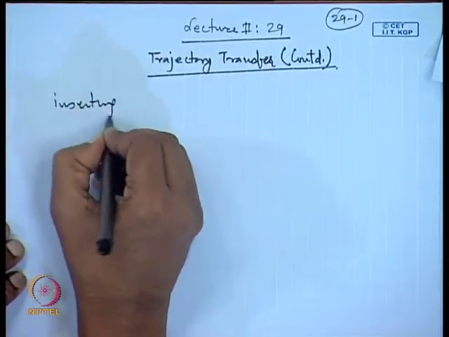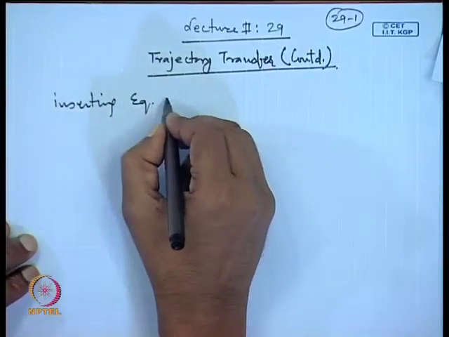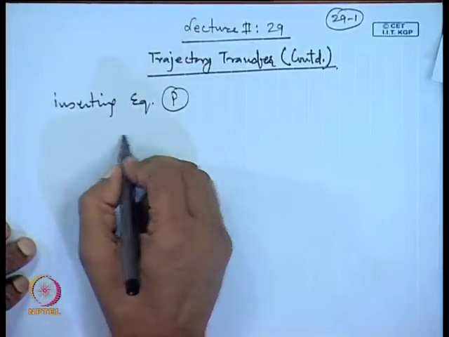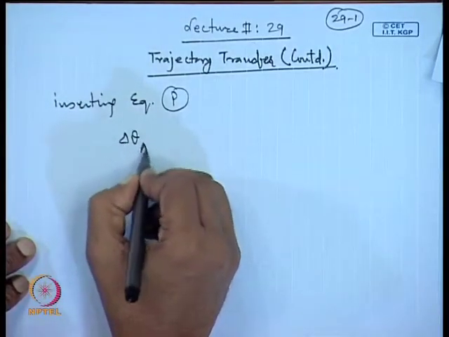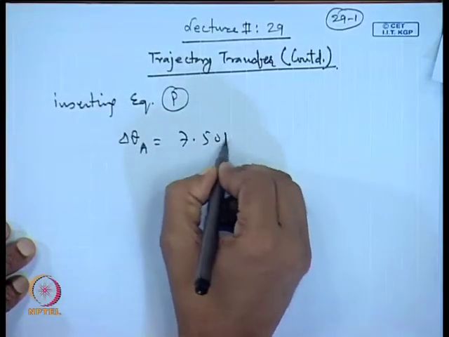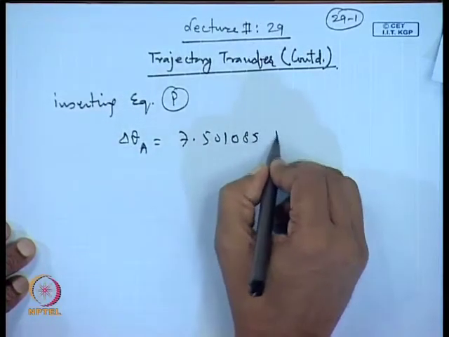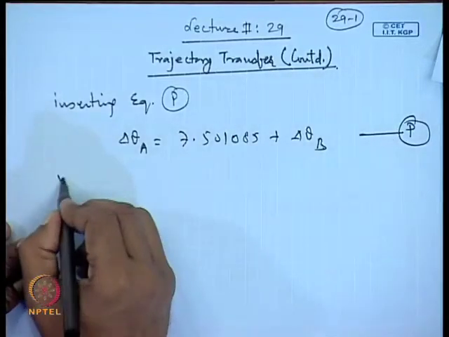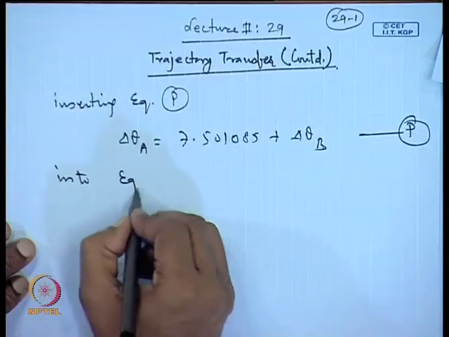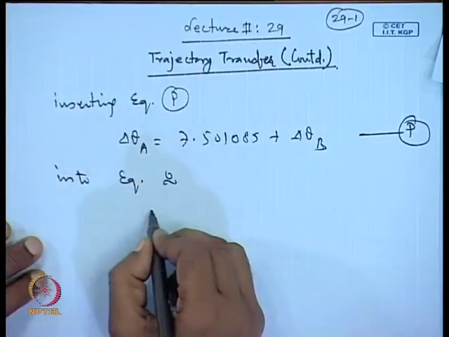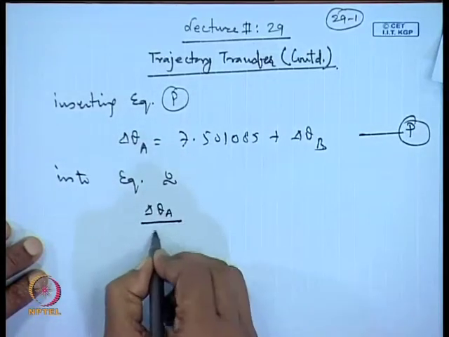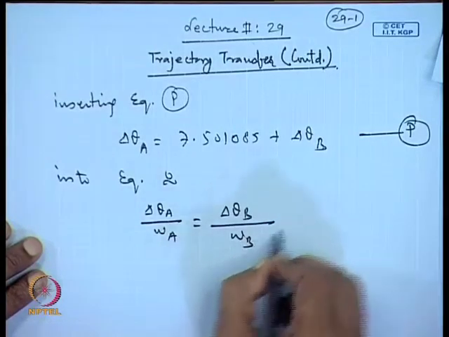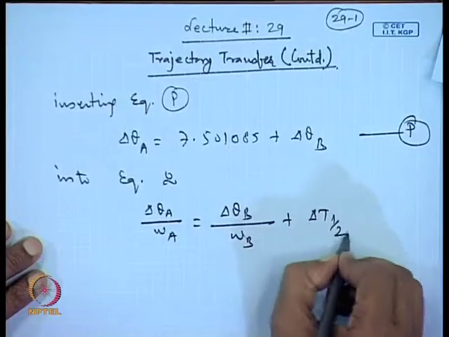So, inserting equation p, which is delta theta a equal to 7.501085 plus delta theta b, this is our equation p, into equation q, which we are writing as delta theta a divided by omega a equal to delta t 1 by 2.